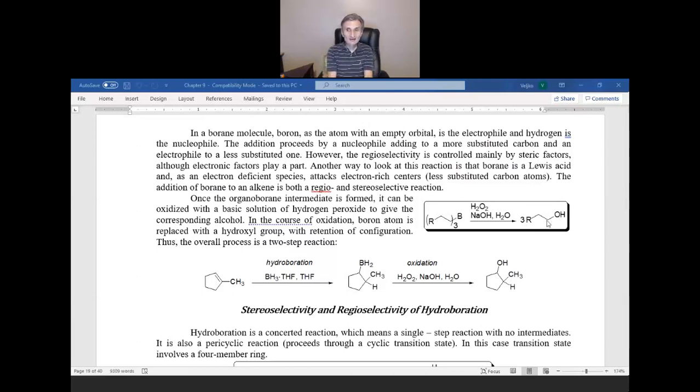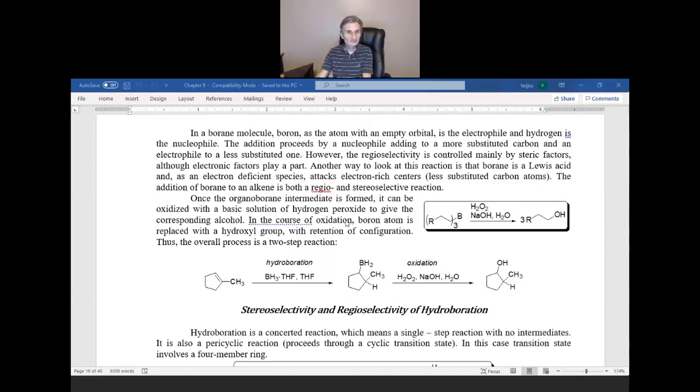And that's the way to make alcohols with oxygen on the less substituted carbon, because the methods we covered earlier, addition of water in the presence of a small amount of acid, proceeds through a carbocation, and oxygen ends up on the more substituted carbon. Or oxymercuration, demercuration, again, oxygen ends up on the more substituted carbon. Hydroboration oxidation is a way to end up with oxygen on the less substituted carbon, so to have opposite regioselectivity and produce alternative alcohols.